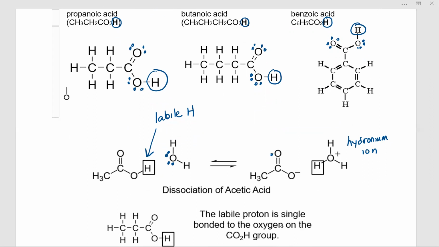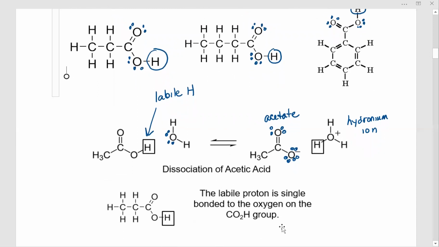And let's finish putting our lone pairs on here. When the hydrogen left, it left one of its electrons with the oxygen. So this whole structure carries a -1 charge. In this case, this is the acetate ion. So we have acetic acid and the acetate ion.